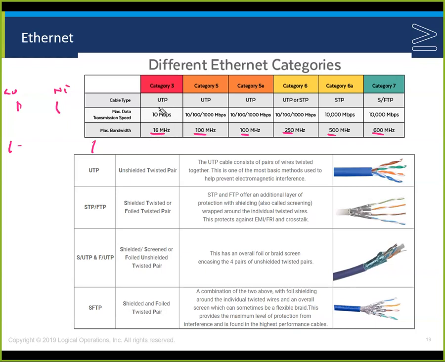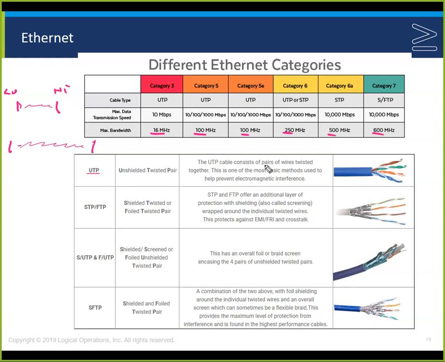Out here we have 16 meg, 100, and we stayed at 100 for a while, 250, 500, and as we go on up, we increase the bandwidth. The amount of data that can go into any of these changes as we go from one to the other. Kind of a summary and an image of what goes on here.